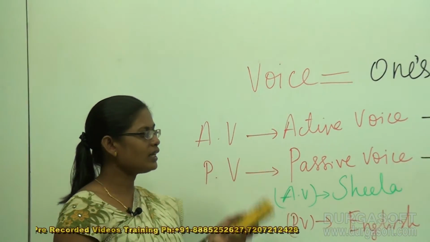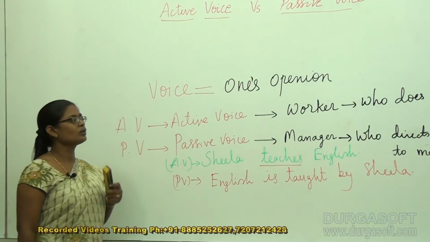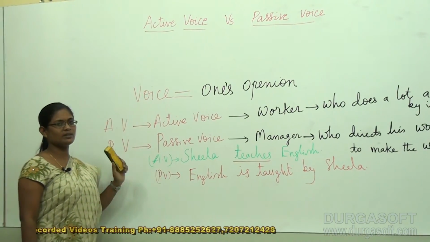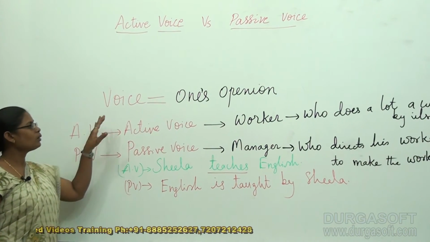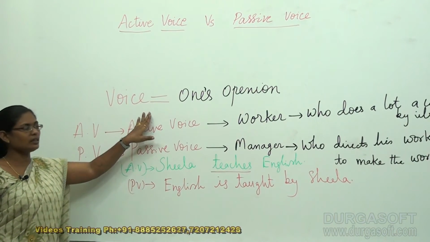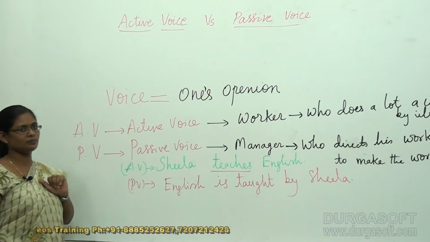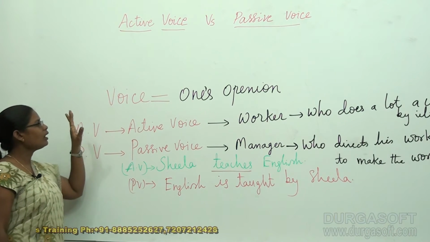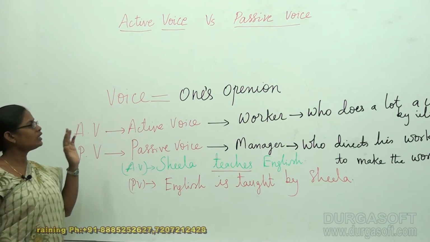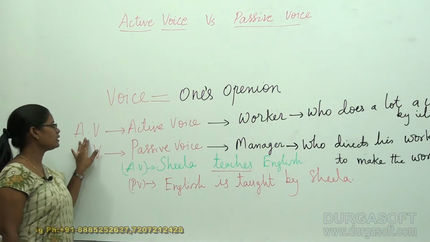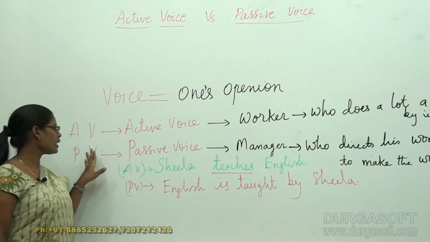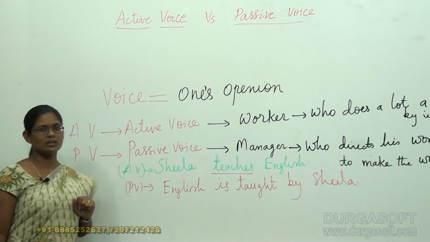Okay, so till here have you understood? Once again I am going to recollect everything we explained just now. Students, voice means nothing but one's opinion. And in general in English we have got two types of voices. One is active voice and the other is passive voice.